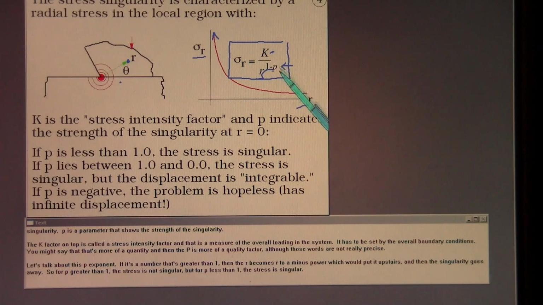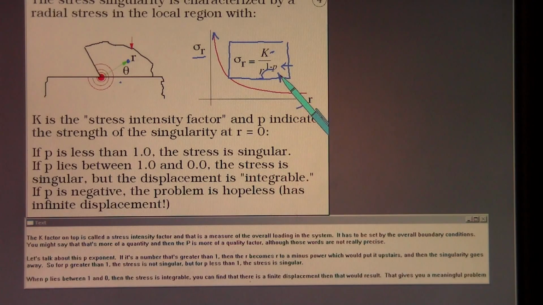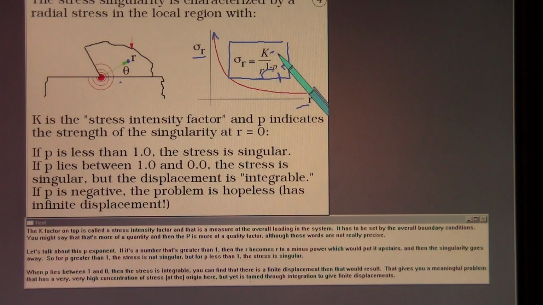Let's talk about this P exponent. If it's a number that's greater than 1, then the R becomes R to a minus power, which would put it upstairs, and then the singularity goes away. So for P greater than 1, the stress is not singular, but for P less than 1, the stress is singular.